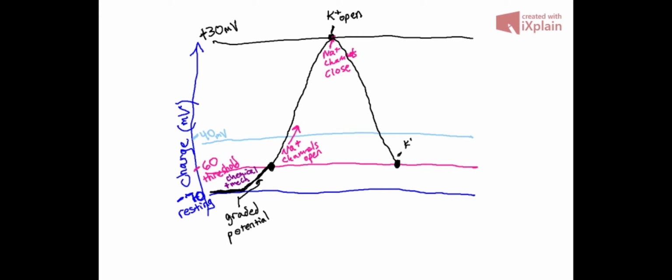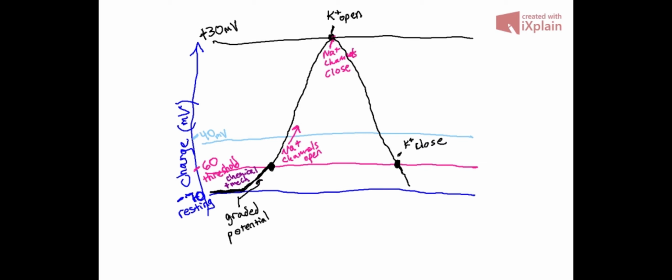Then automatically the potassium channels close. Now when the potassium channels close, it takes a little bit. The potassium channels are kind of slow. Remember I was telling you the channels are kind of like doors in the membrane. So it takes a minute for the door to close.